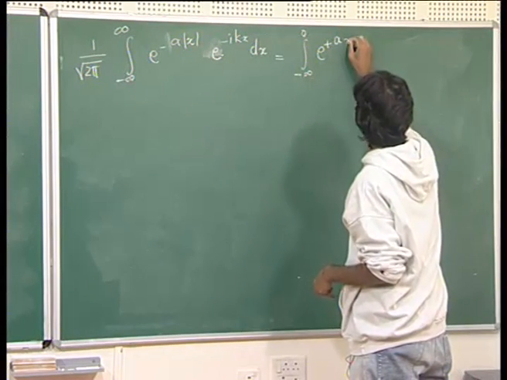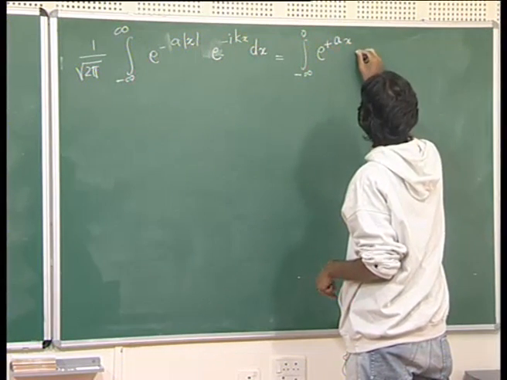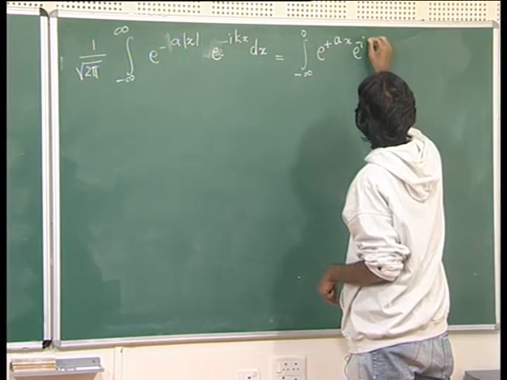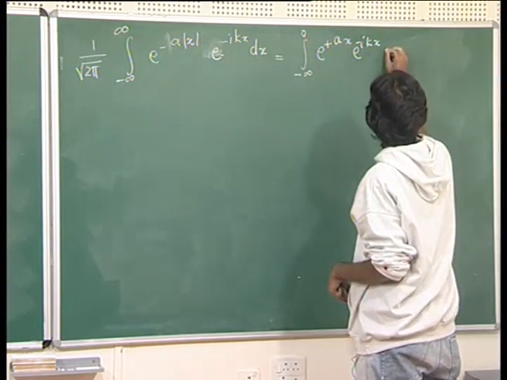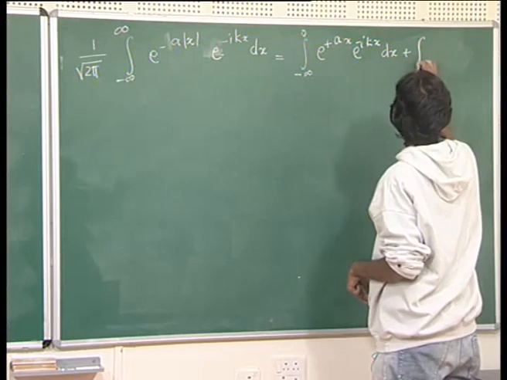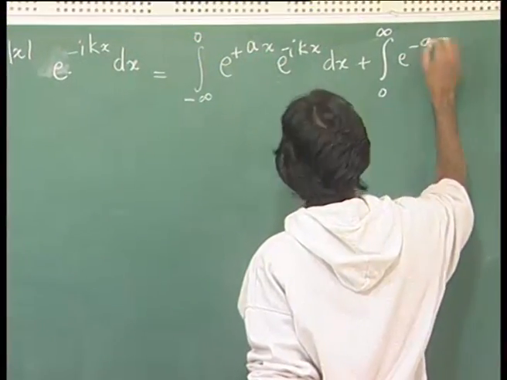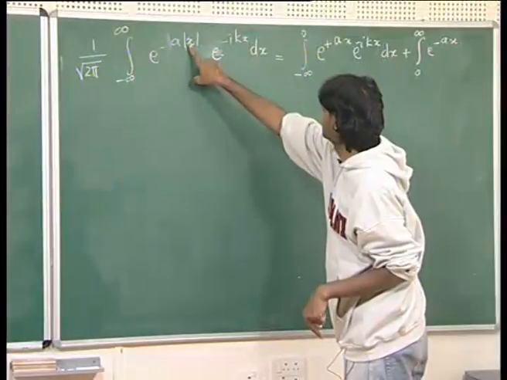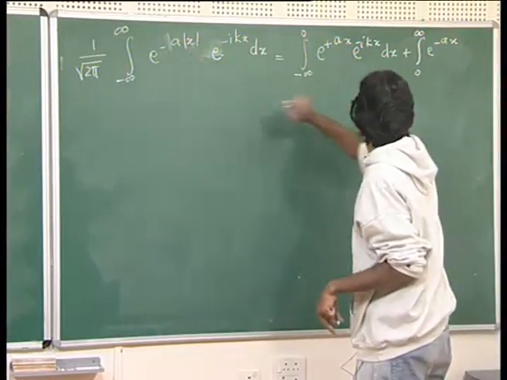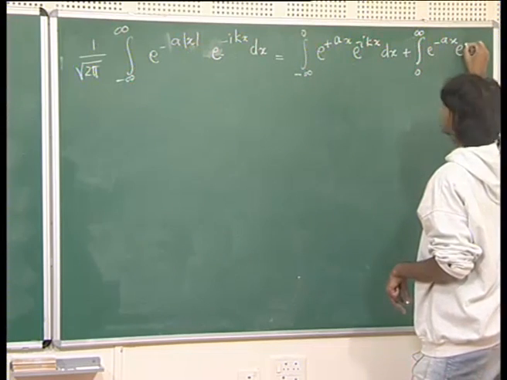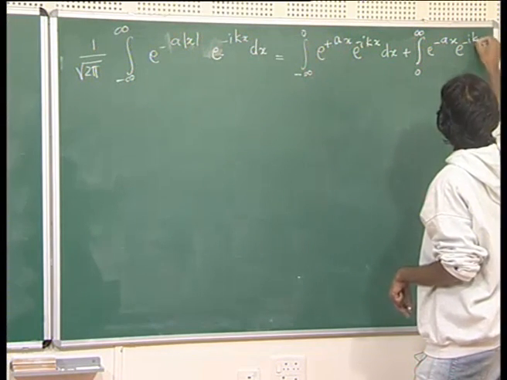So you have plus a x, e to the i k x dx, then plus the integral from 0 to infinity of e to the minus a x. When x goes from 0 to infinity, absolute value of x is just x, so you get e to the minus i k x dx.